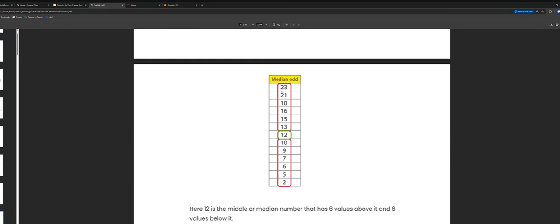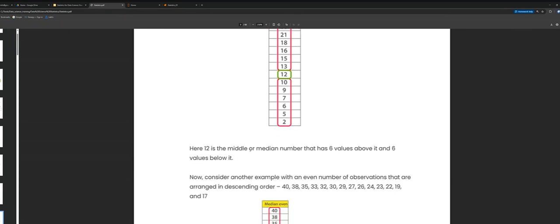Now you divide this: 1 2 3 4 5 6 7 8 9 10 11 12 13. 13 means 6 and 6, you take 6 here, 6 here. So your median is 12. 12 is the median, the mid number that has 6 values above it and 6 values below it.